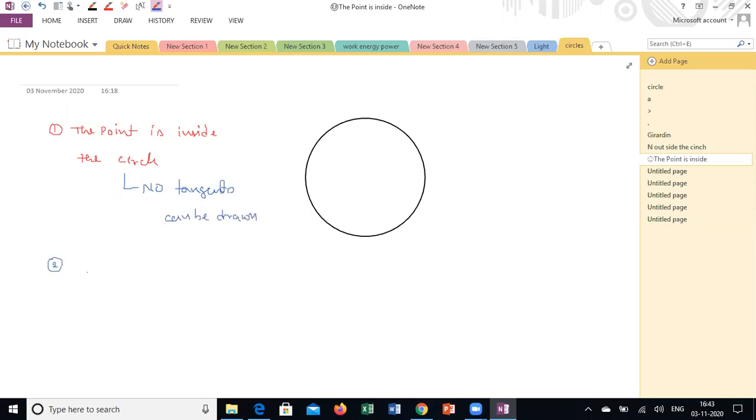The second case is the point is on the circle. There is a point here. You draw n number of lines here. Out of n number of lines, how many lines can you consider as a tangent line? There will be only one possible line, because the rest of the lines will definitely meet the circle one more time.